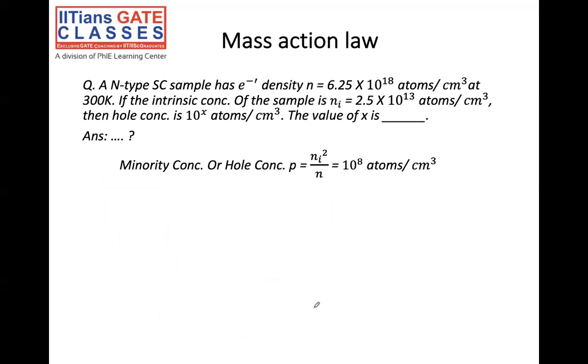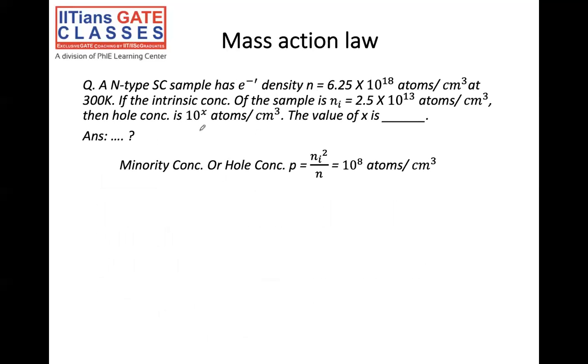Let's have one question. The question is: an n-type semiconductor sample, it is germanium or silicon, doped with some donor impurity, so it can be anything, has electron density N equal to 6.25 into 10 to the power 18 atoms per centimeter cube at 300 Kelvin.